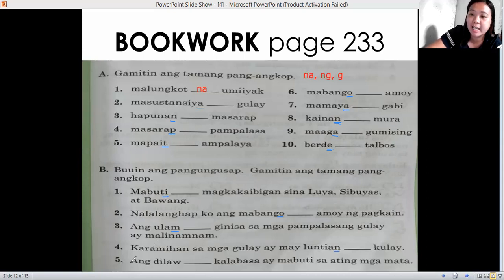Okay, now for the last number, number 5, ang dilaw, blank kalabasa ay mabuti sa ating mga mata. It ends with W. So what pang-angkop you are going to use? Is it na, nang, or G? Ready? Write your answer.